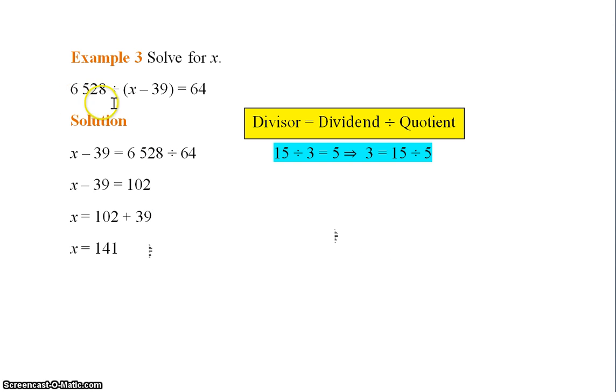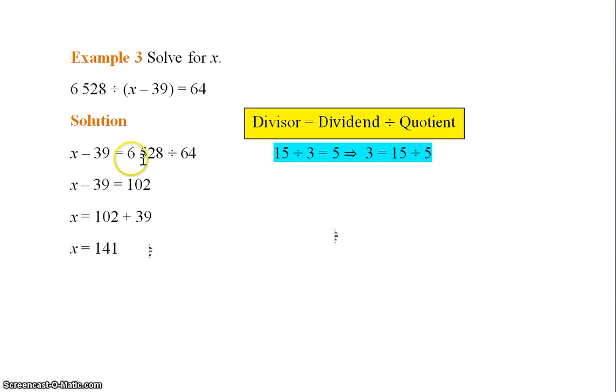In our equation, the unknown is the divisor. It contains x. Therefore, we can rewrite this equation in the following form. The divisor, which is x - 39, equals the dividend, 6,528, divided by the quotient, 64.